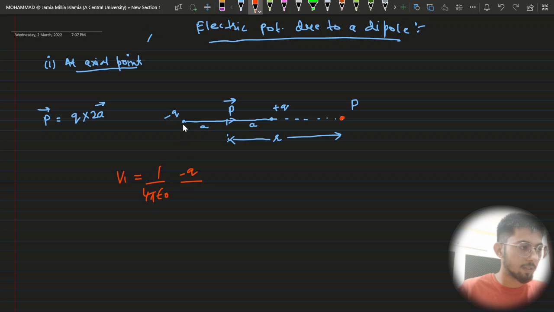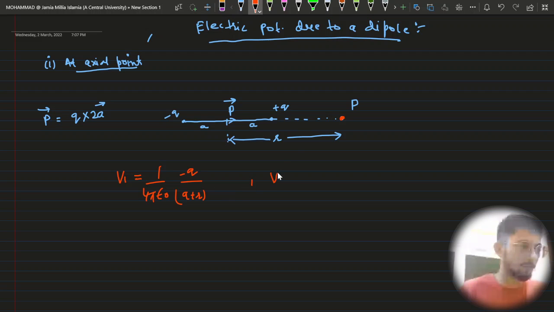So the distance from P to minus q will be a plus r, isn't it? From minus q to this P, the distance is r plus a.